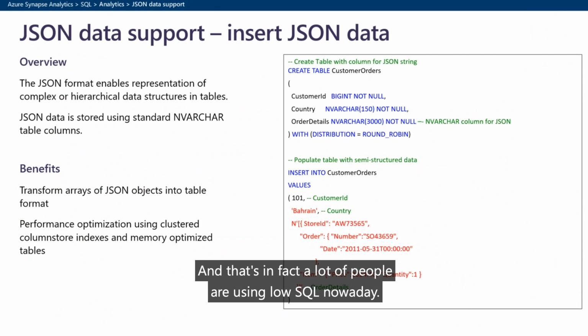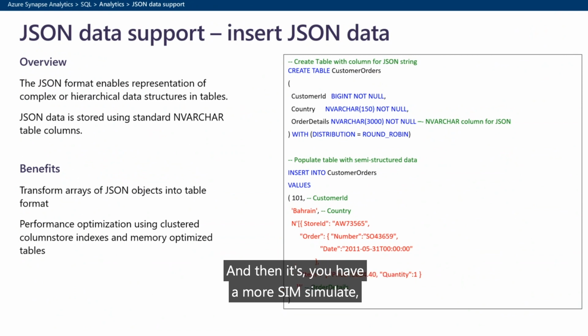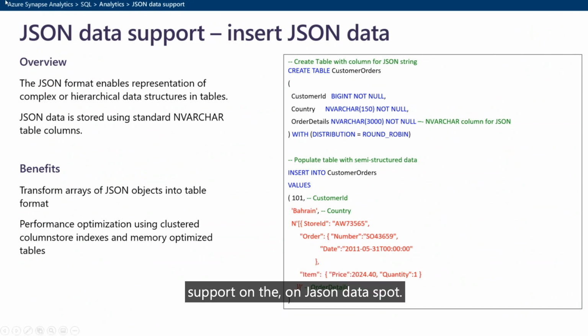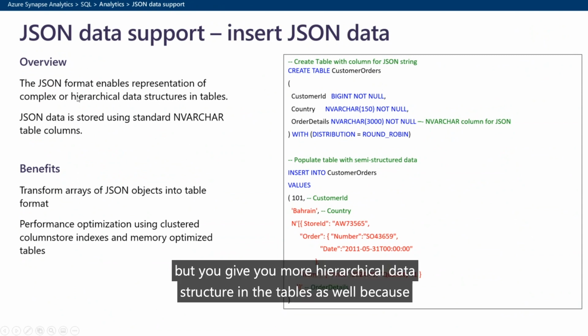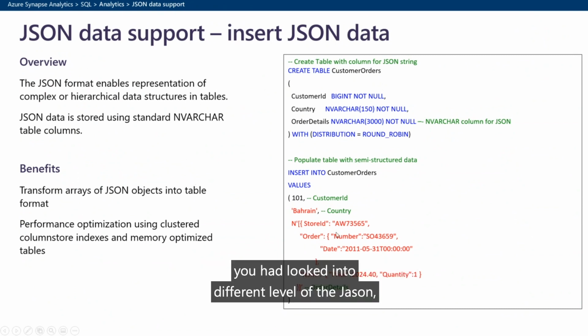In fact, a lot of people are using NoSQL nowadays, and here you have more comprehensive support for JSON data. You can use a standard column to store JSON data, but it also gives you a more hierarchical data structure in the tables, because you can look into different levels of the JSON.